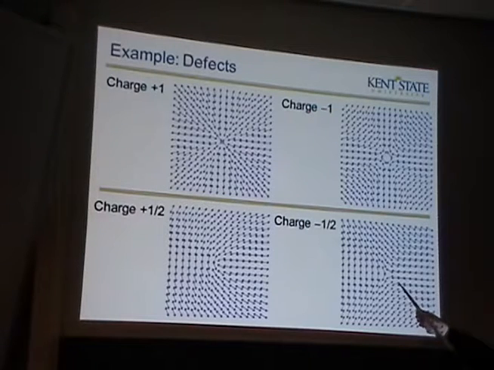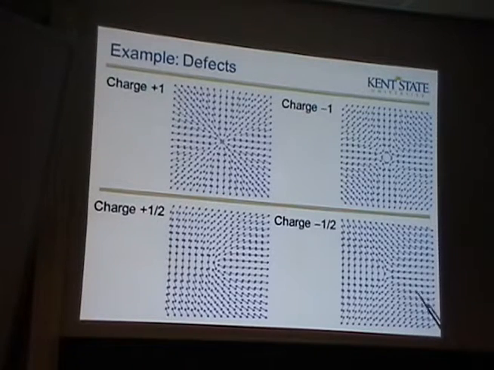For example, it might become isotropic right at the center. You might have the nematic phase melt right at the center, so that the molecules locally here are pointing in any old random direction. Okay?